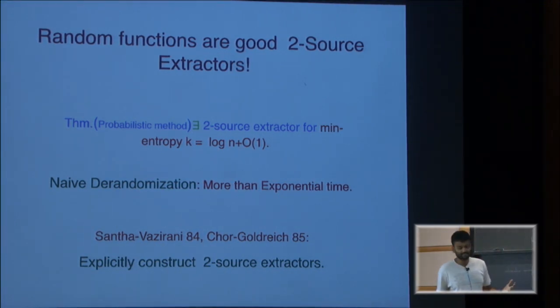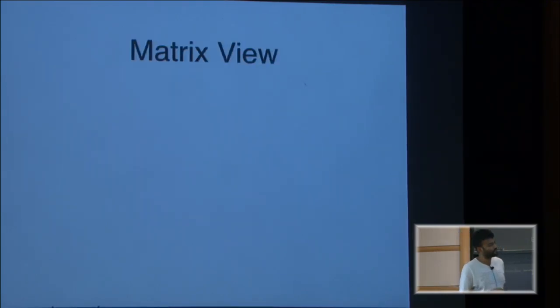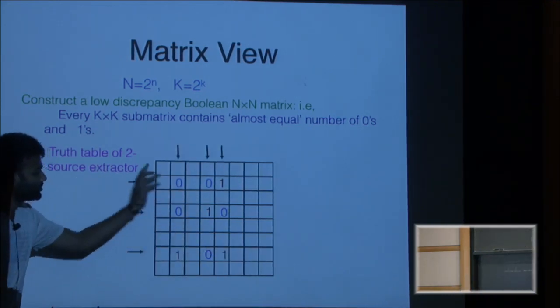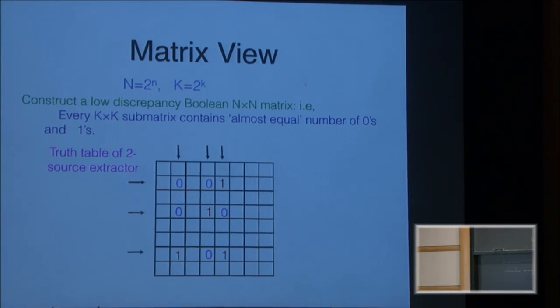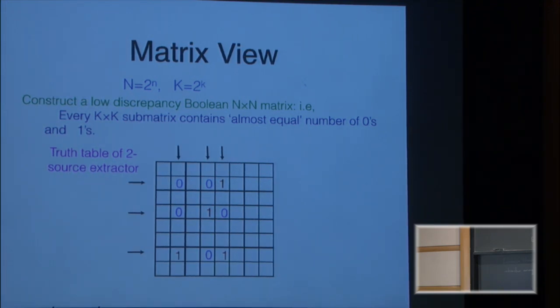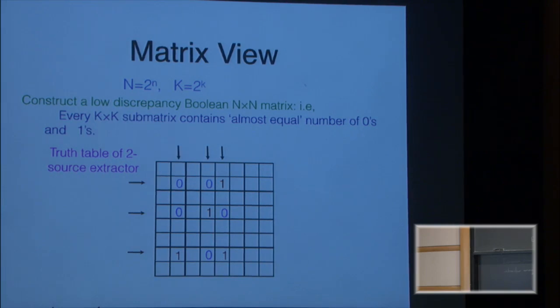Before going into explicit constructions, let's see what 2-source extractors imply in terms of combinatorics. The matrix view is this: suppose you have a good 2-source extractor that outputs 1 bit. You write out its truth table. This is the first input, this is the second input. You have capital N rows, which is 2 to the small n, and capital N columns.